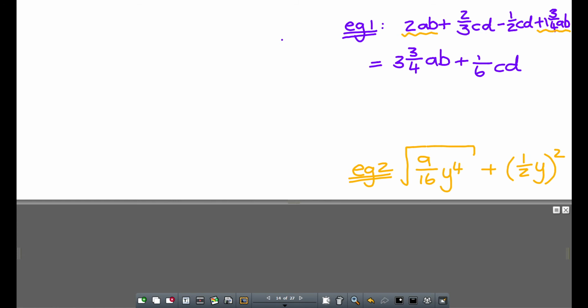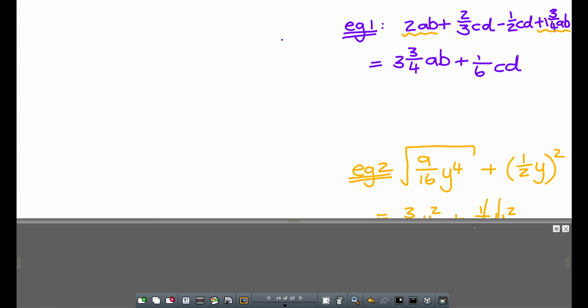How do we distinguish between terms? There must be a plus or a minus. Do you see a plus or a minus in that square root? So how many terms? 1. Okay, so which means I can get square root of it. So square root of 9 will be 3, and square root of 16 will be 4.